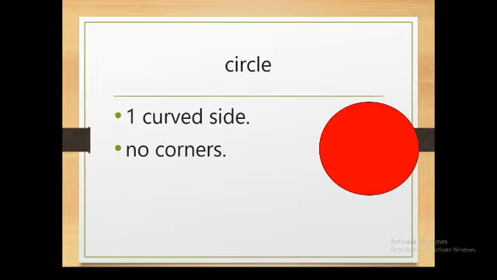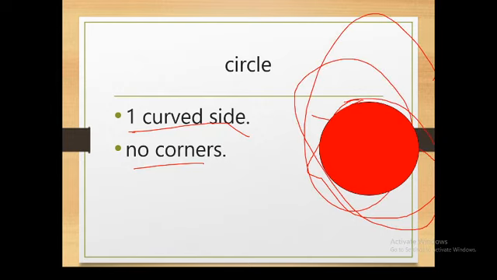Now a circle is made of only one curved side and it has no corner. All the sharp edges are missing from this one and there is only one side. You can see it's only one side. This entire thing is only one side. So one curved side. That's what a circle is.